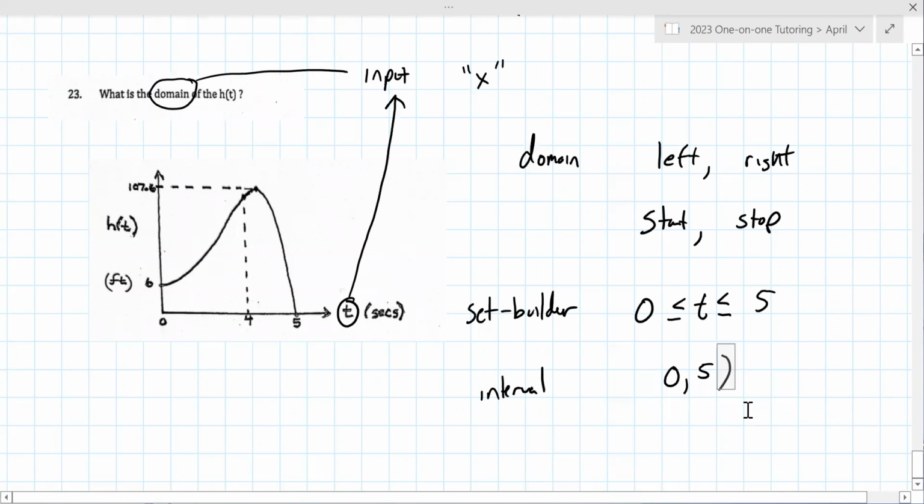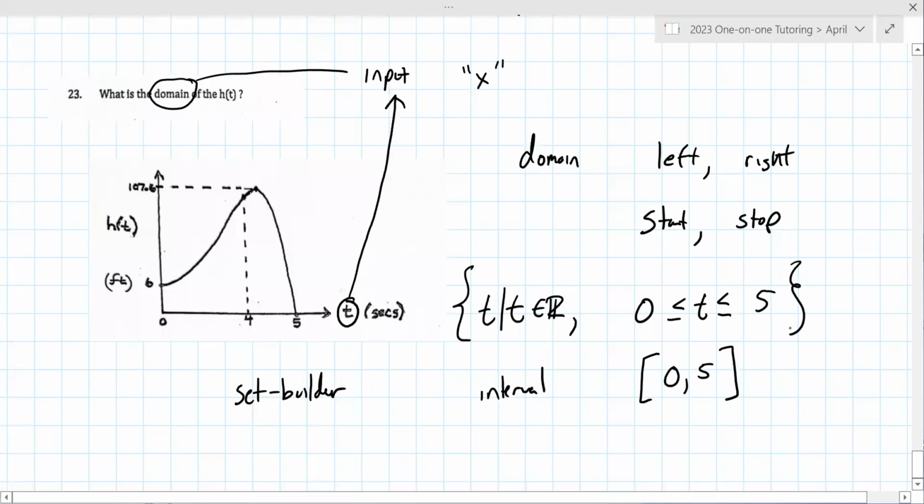But I'll give you both here. So the interval is the easier one. It's bracket because it includes 0, bracket because it includes 5. Set builder requires you to add in some more words here. You're supposed to write T such that T is an element of the real numbers, comma, and you have to add these curly braces. Have you seen that?